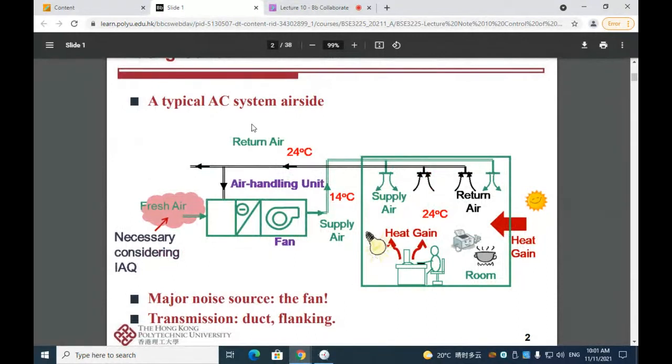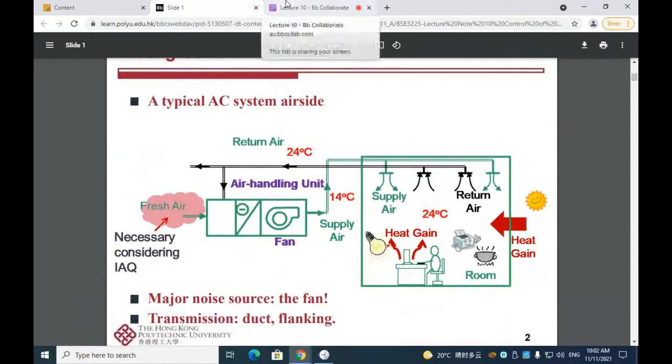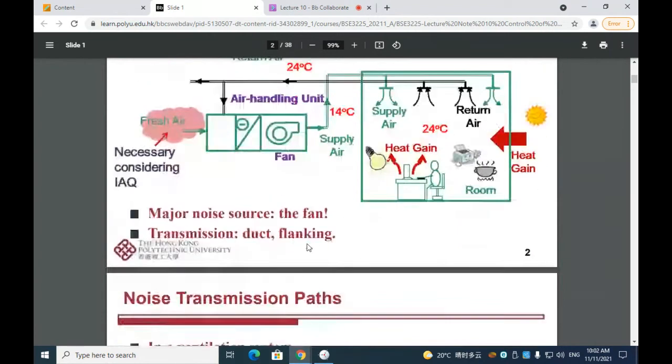This is a typical air conditioning system for the air side, and the major noise source is the fan. And it can be transmitted through duct and flanking. So if the system is poorly designed in terms of noise control, you will hear noise, and it will sometimes disturb our production inside this conditioned environment.